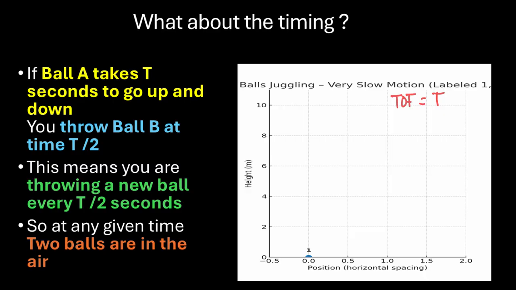If the ball travels 10 meters up and then comes back 10 meters in time t, then you will throw the next ball as soon as the time is t by 2. So this is where you throw the ball. At any given time, two balls are in the air. Why? Because you are throwing a new ball every t by 2 seconds.